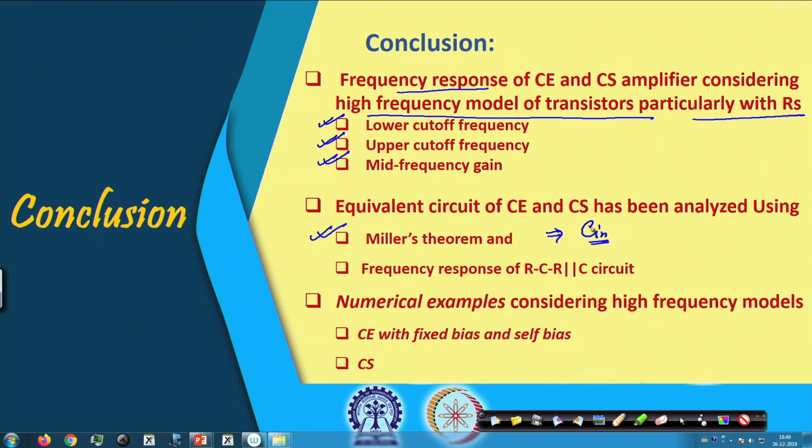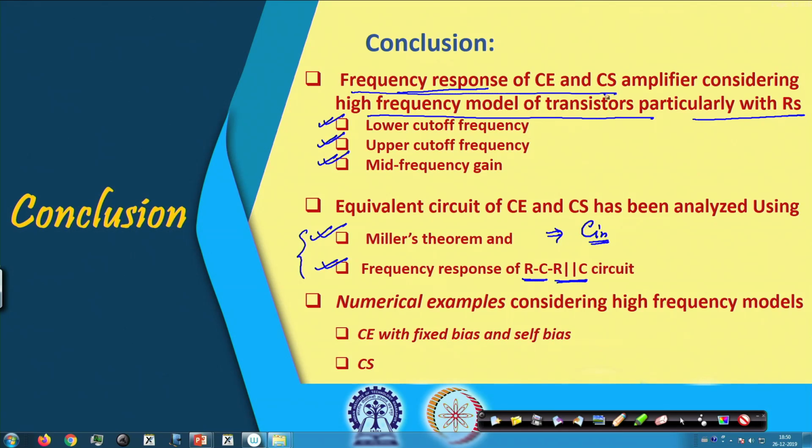Then, to get the overall frequency response, we also analyzed RC followed by RC in parallel circuit, and obtained the corresponding frequency response. These two underlying theories helped us get the frequency response of the CE and CS amplifier.